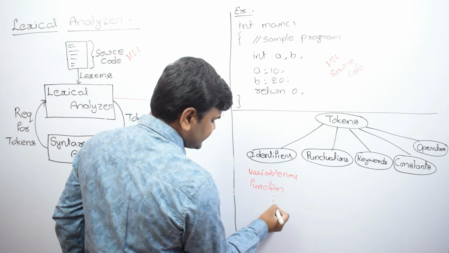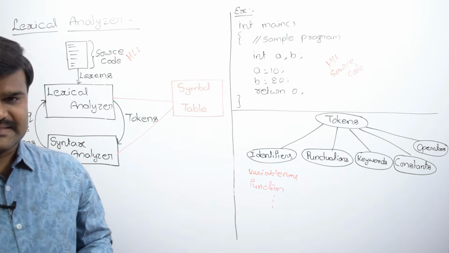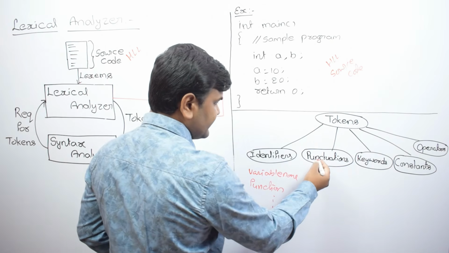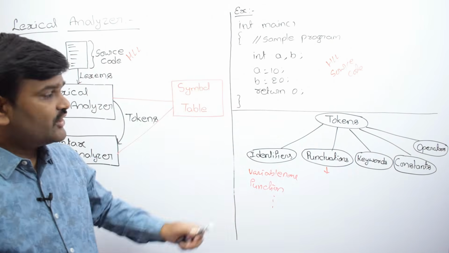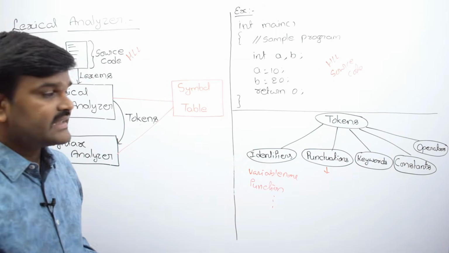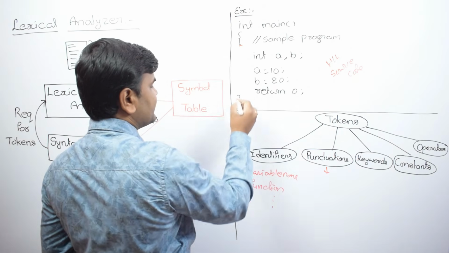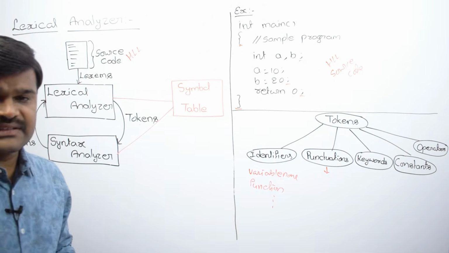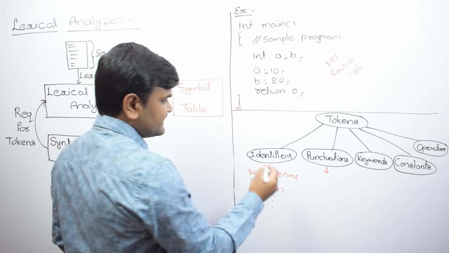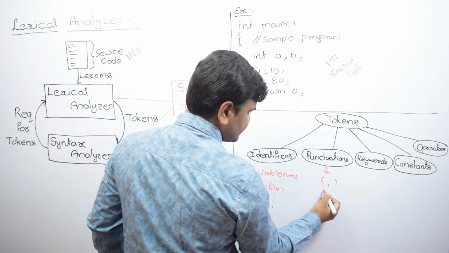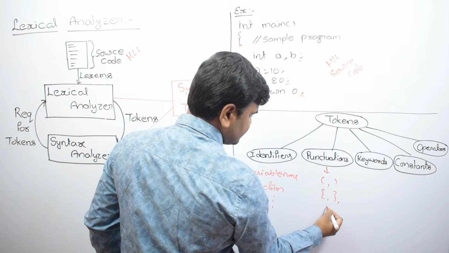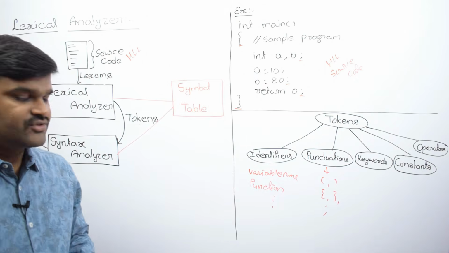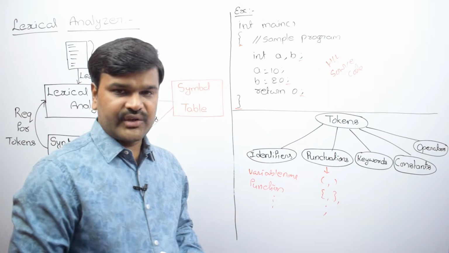Then punctuators are also tokens. In this source code, this is a punctuator, this is a punctuator, all these are punctuators. That means open brace, close brace, curly braces, colon, all these are punctuators, and those are also called tokens.